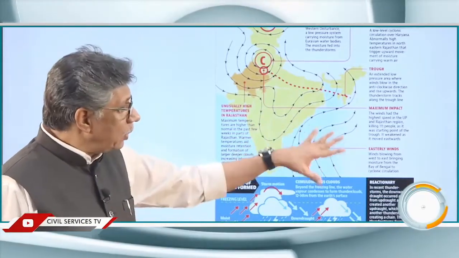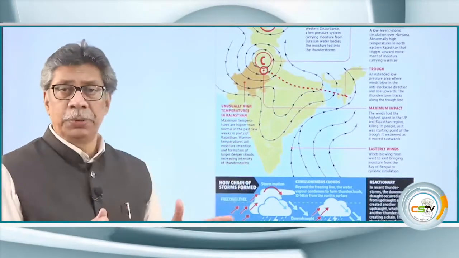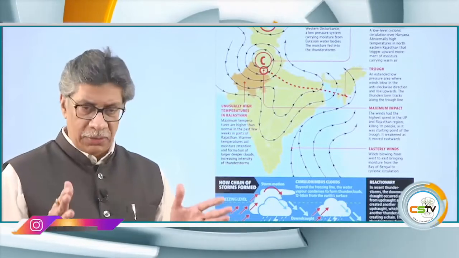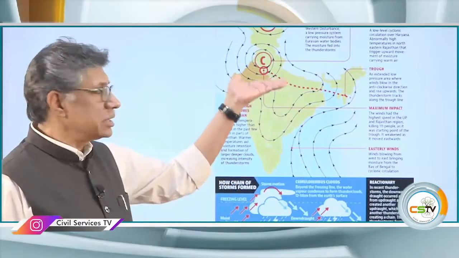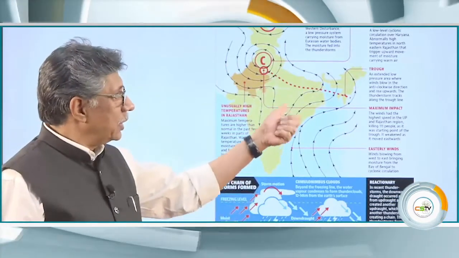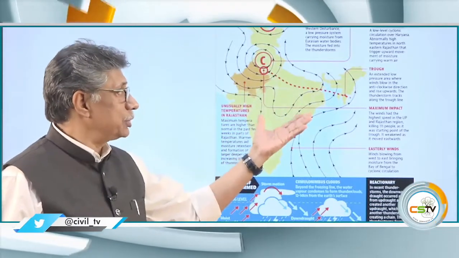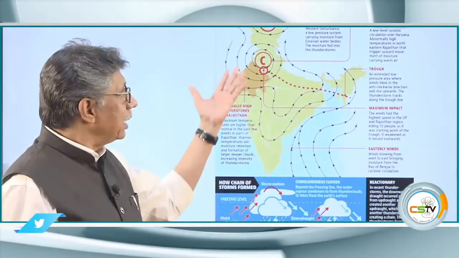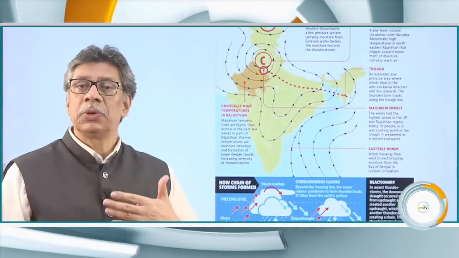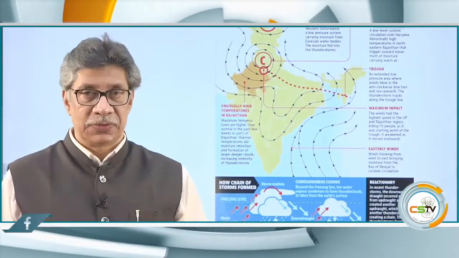So, what happened under such a condition was that a low pressure, because of a very high temperature, was accentuated by the sucking of the air from above. That was one. Second, it was also accompanied by a good amount of moisture availability in this place, and a cyclonic circulation that was ultimately responsible for giving it an impetus of sorts.